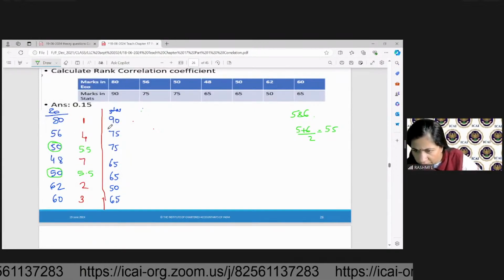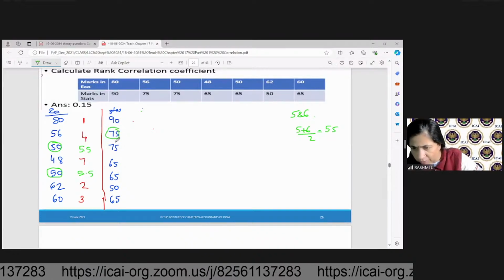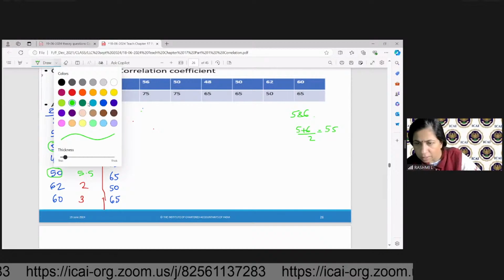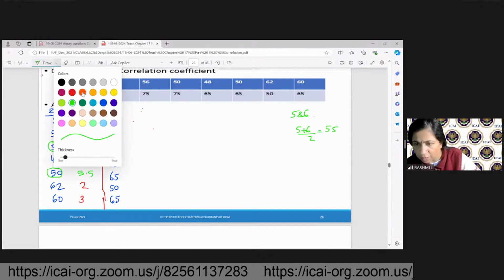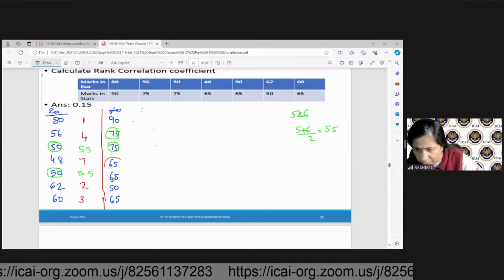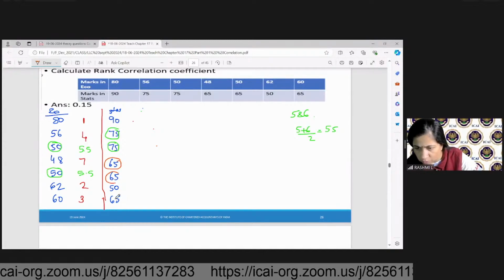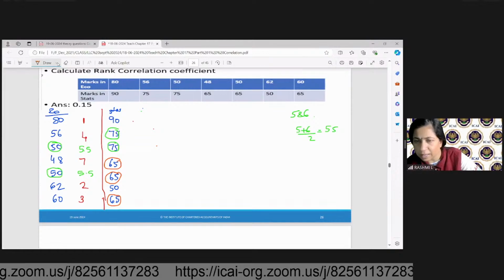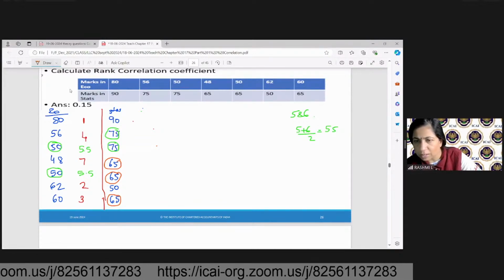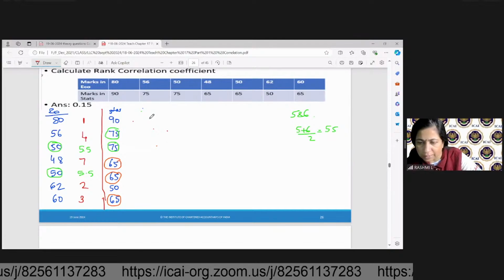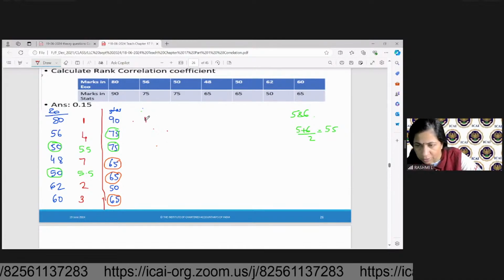So I can already see 75 is one pair and 65 is repeated three times. 1, 2, and 3. So that helps me to know. So 90 is first rank, no problem.